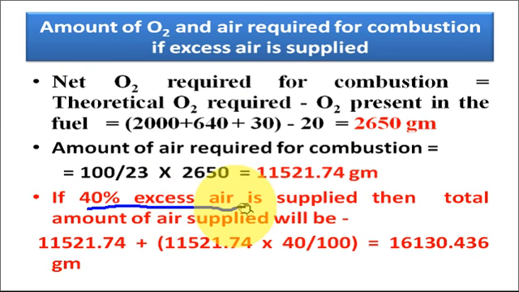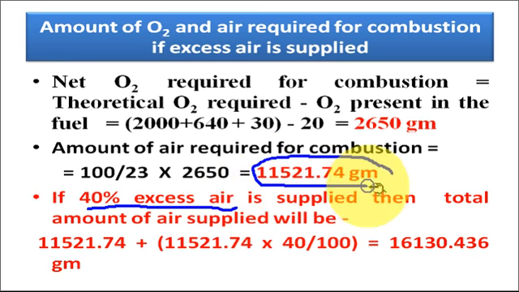So what is the 40% excess air? 40% excess air means 40% of the minimum amount of air required. So this is the minimum amount of air required, and its 40% excess air is supplied. So this is the minimum amount and its 40% is the excess amount.